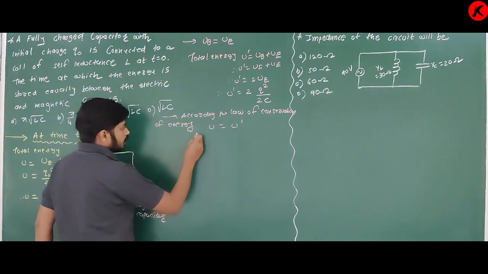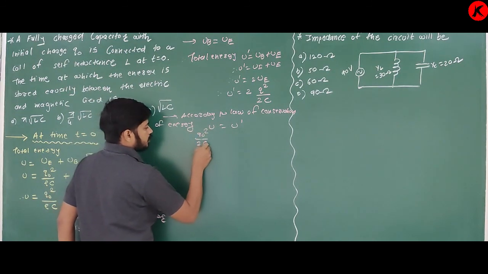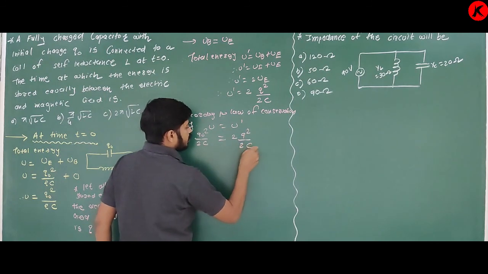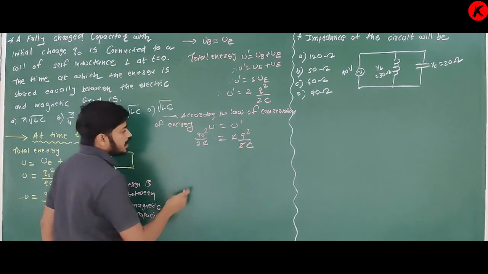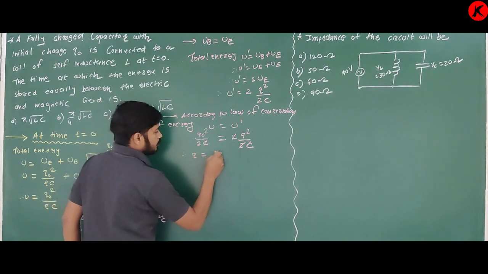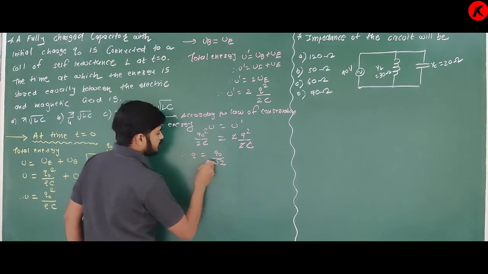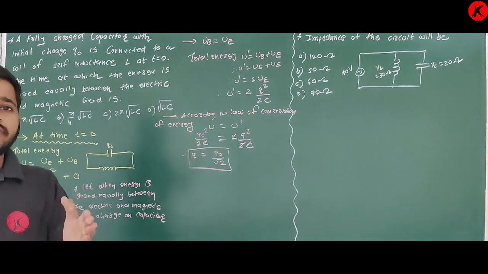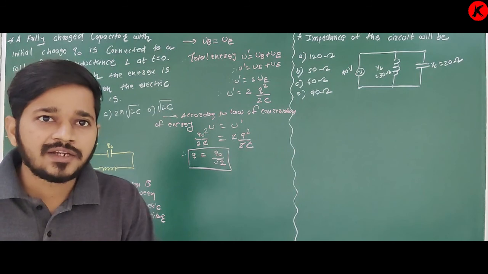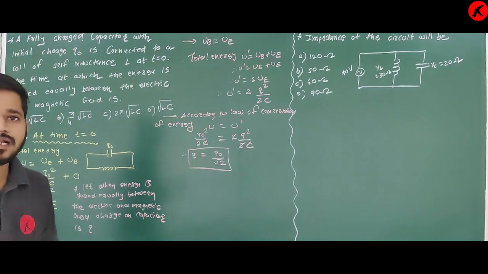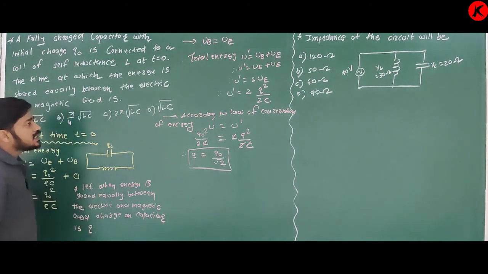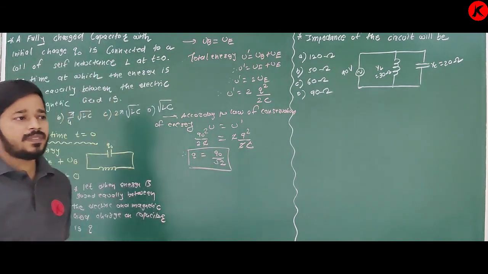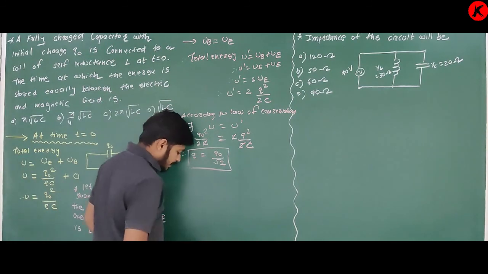So Q0 square upon 2C is equal to 2 Q square upon 2C. 2 cancels, C cancels. Therefore Q is equal to Q0 upon root 2. So when the charge on the capacitor is Q0 upon root 2, at that time energy is equally stored between them. This one you have to remember.